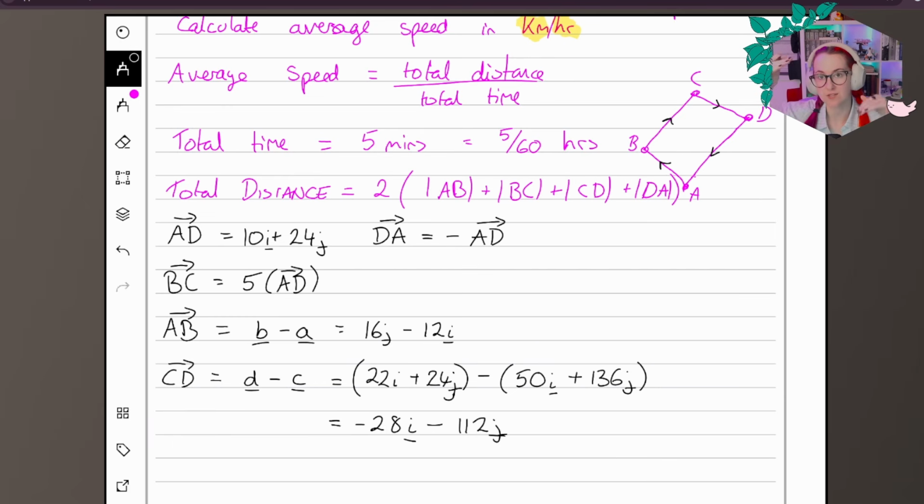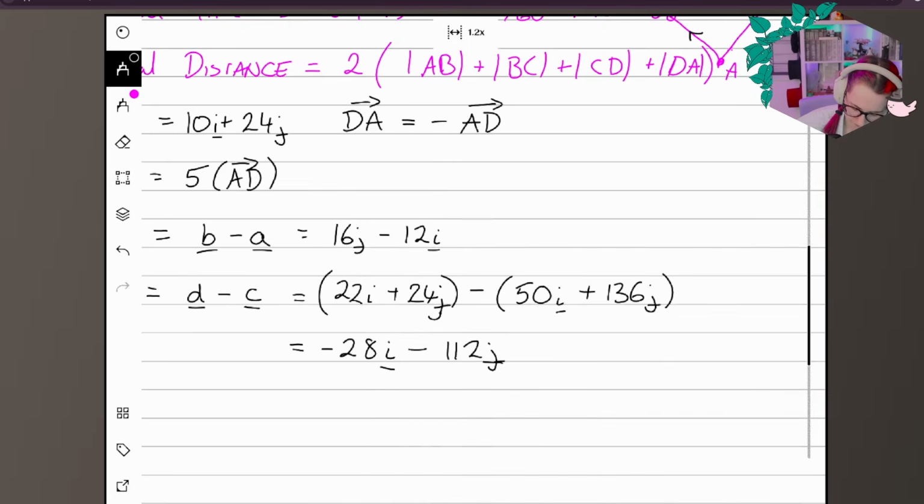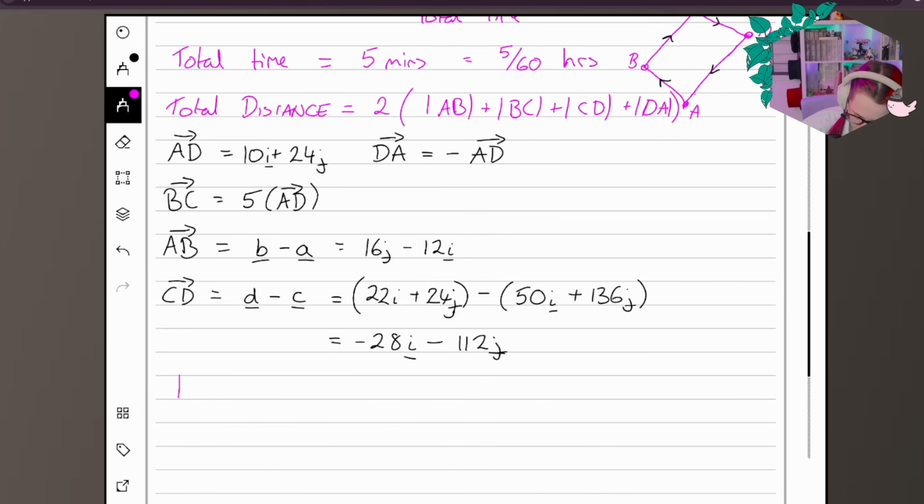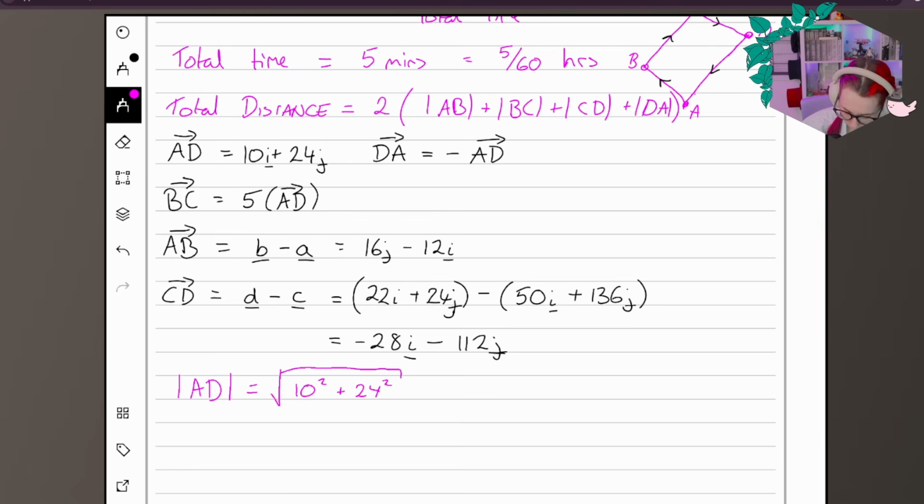The distance doesn't change, but the direction is the thing that goes opposite. So to find the distance of a vector, we take all of the components and we square them, we sum them, and then we square root them. So this would be 10 squared plus 24 squared, square rooted.